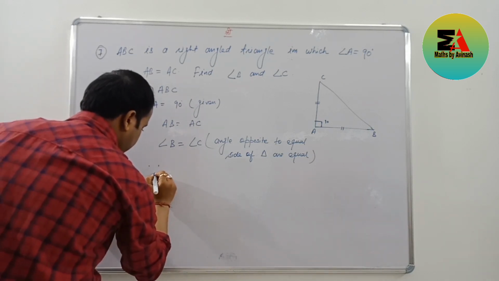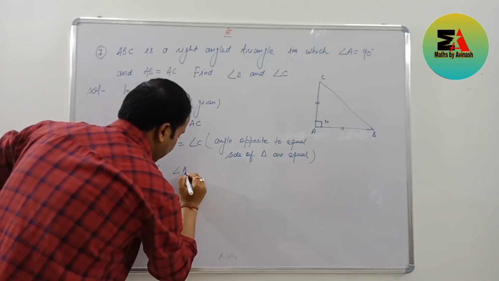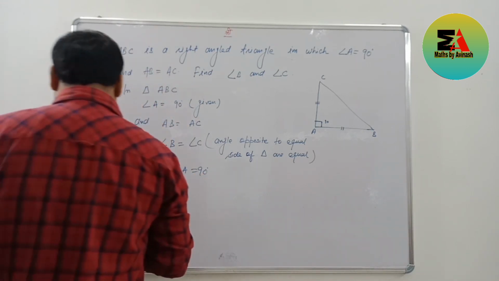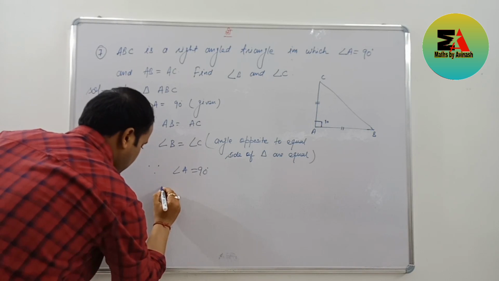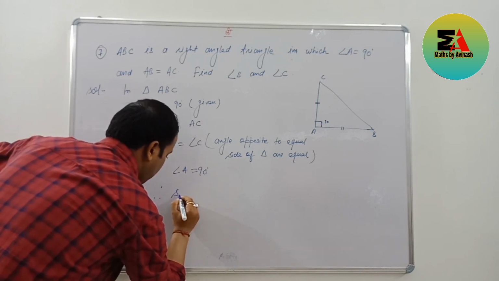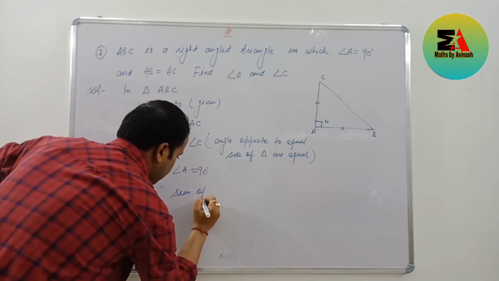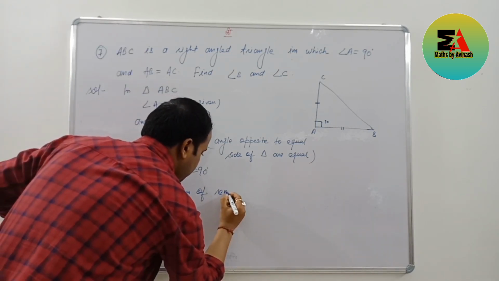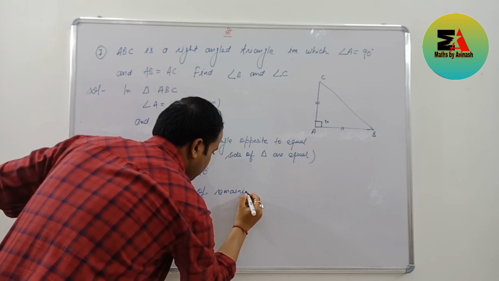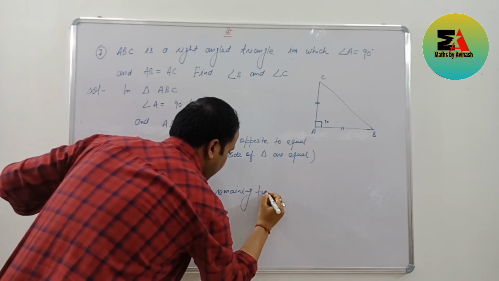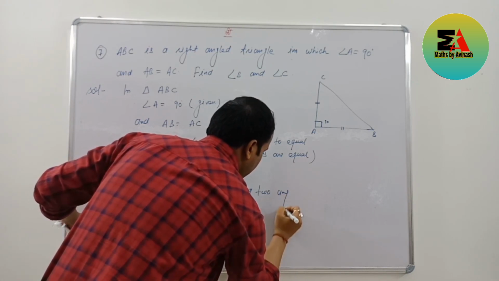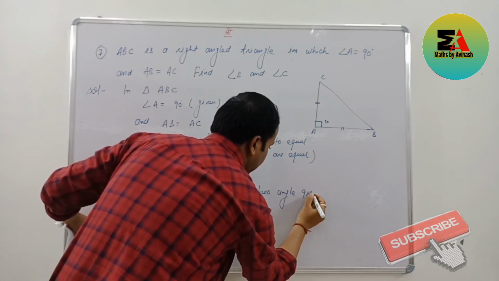We know that since angle A is 90 degrees, therefore the sum of the remaining two angles is 90 degrees.